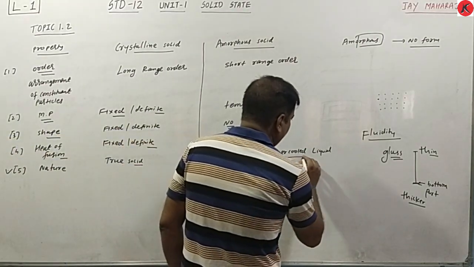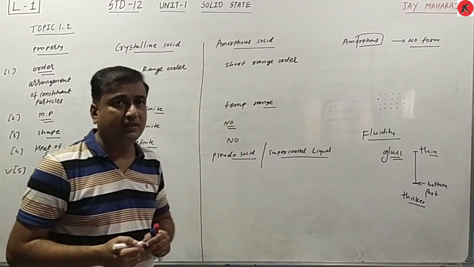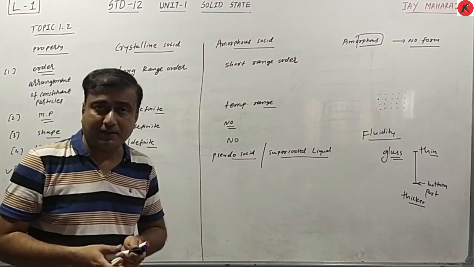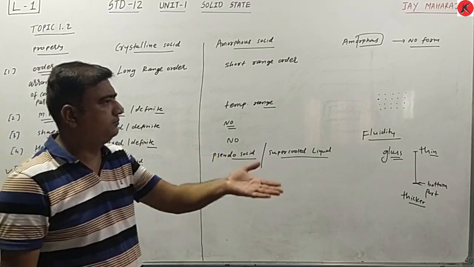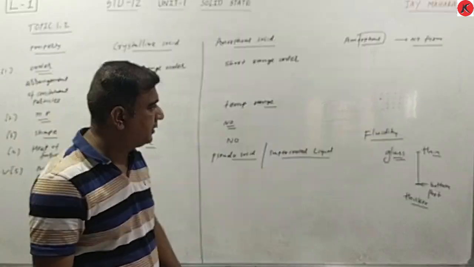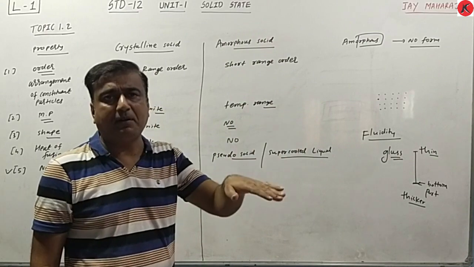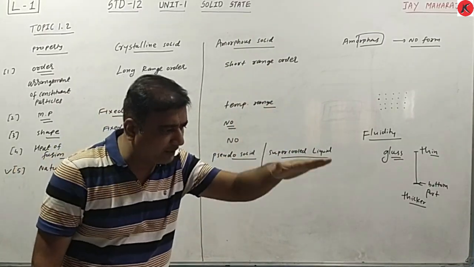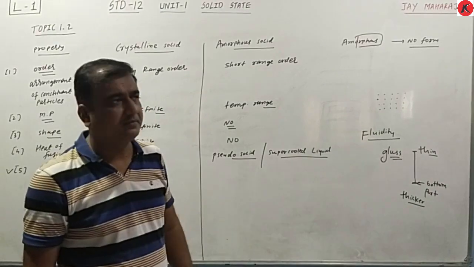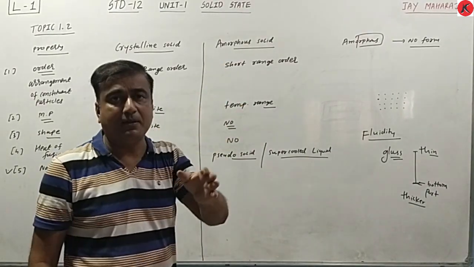Why super cool liquid? Amorphous solid prepare કરો તો કોઈ પણ સબસ્ટન્સને હીટિંગ કરો and પછી rapidly cooling. Heating is carried out and then rapidly cooling to lower temperature. Amorphous solid will be produced.